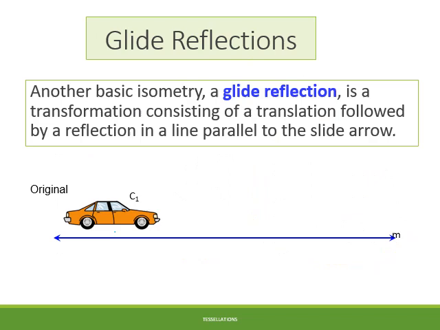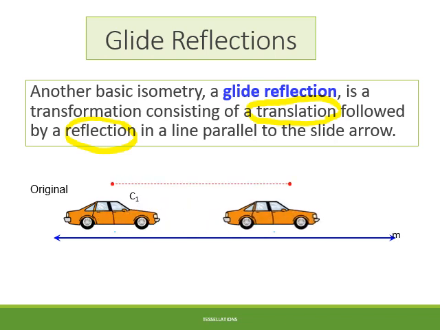This slide has an example of a glide reflection. It's a transformation. It has a translation followed by a reflection. So in a glide reflection, you first translate, and translate means move left to right, up and down, and a reflection means basically a flip upside down. So let's see what this one does.